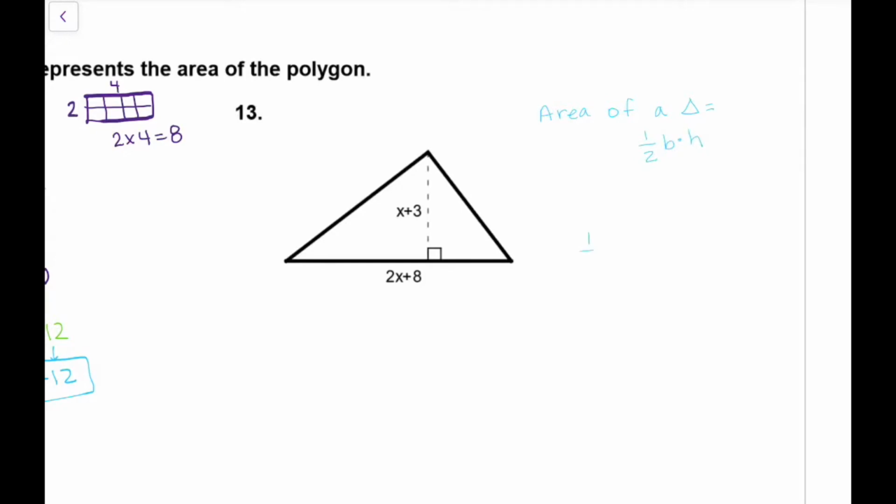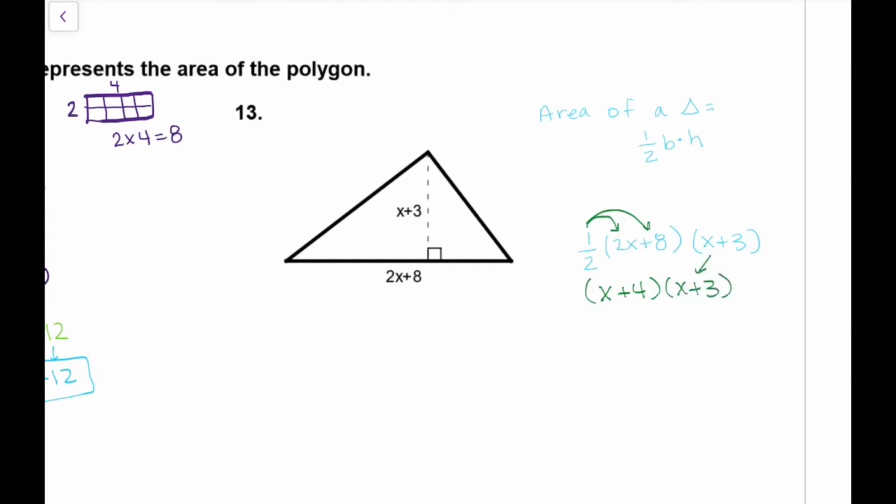So we're going to take 1/2 times the base, which is 2x plus 8, times the height, which is x plus 3. Now, when we have 3 things that we're multiplying together, first I'm going to take the 1/2 and distribute it into that first parenthesis. 1/2 of 2 is 1, so I just write an x. 1/2 of 8 gives me 4.